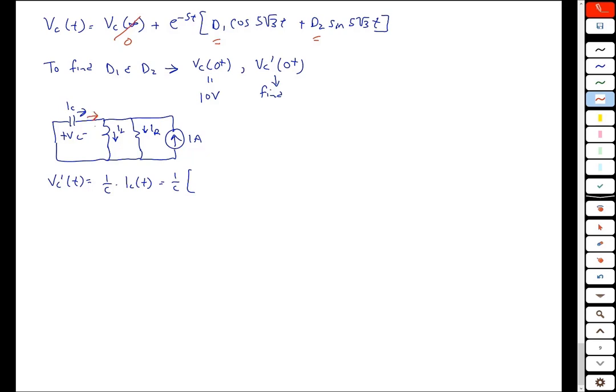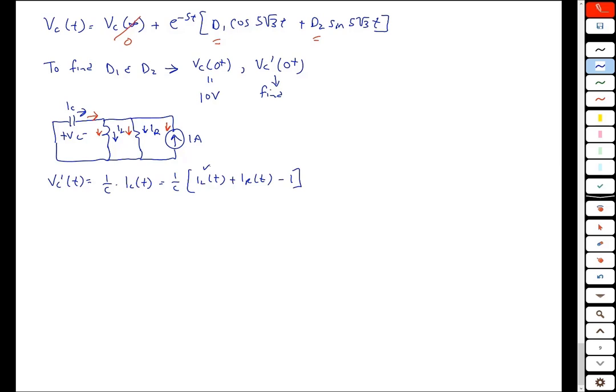This current equals the sum of that current plus that current plus that current. So IC is equal to IL of t plus IR of t minus 1 amp. So what we want to do now is express everything on the right in terms of either IL or Vc. IL is already in terms of itself.